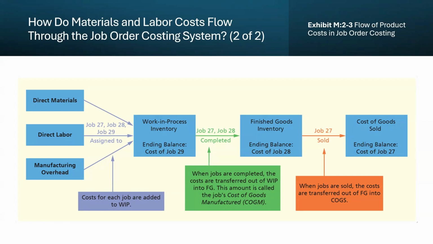However, when the finished goods are sold, the costs move from finished goods inventory, which is an asset, to cost of goods sold.